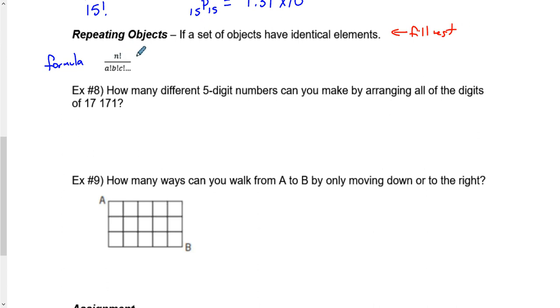Basically, n is the amount of total objects, and A, B, and C are how many times something is repeated.